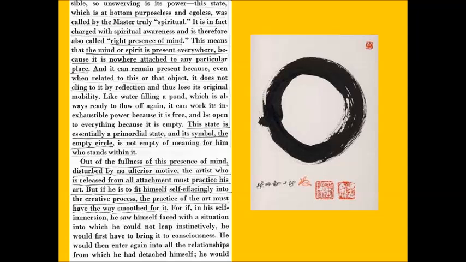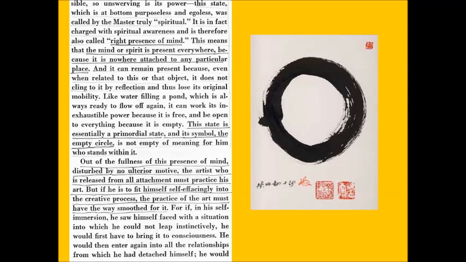This state is essentially a primordial state, and its symbol, the empty circle, is not empty of meaning for him who stands within it. Out of the fullness of this presence of mind, disturbed by no ulterior motive, the artist, who is released from all attachment, must practice his art.